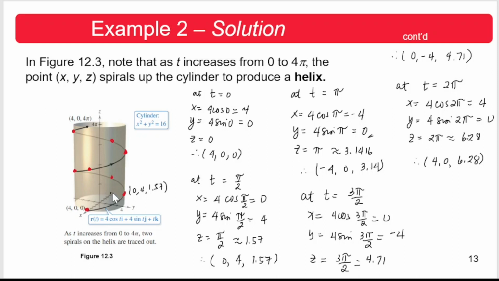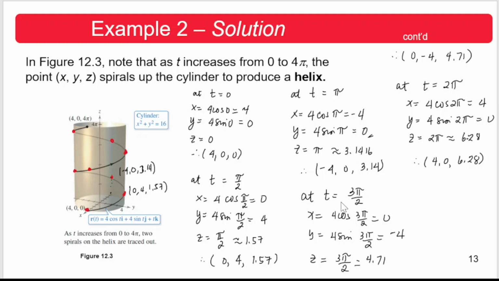So from here, assuming that this is 3 units upward plus 0.14, this point is the point with coordinates negative 4, 0, and 3.14.